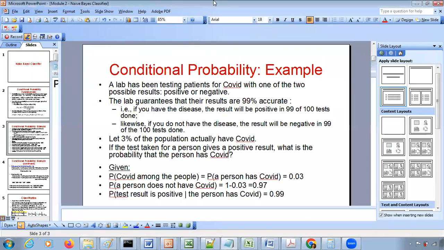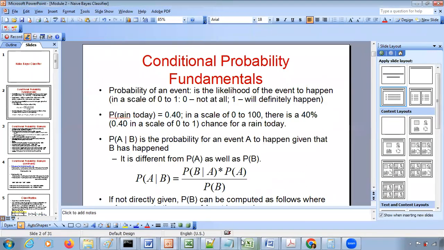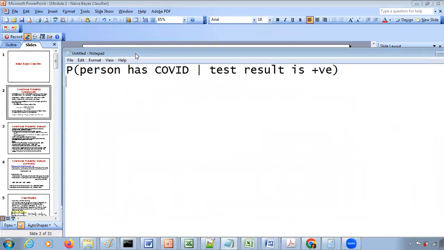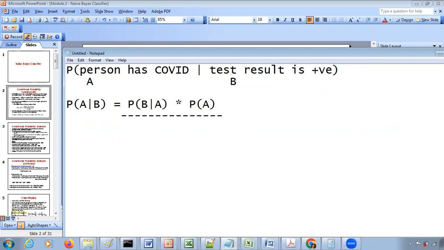According to this formula, A is the person having COVID and B is the test result is positive. So we know that probability of A given B is probability of B given A times probability of A, divided by probability of B.